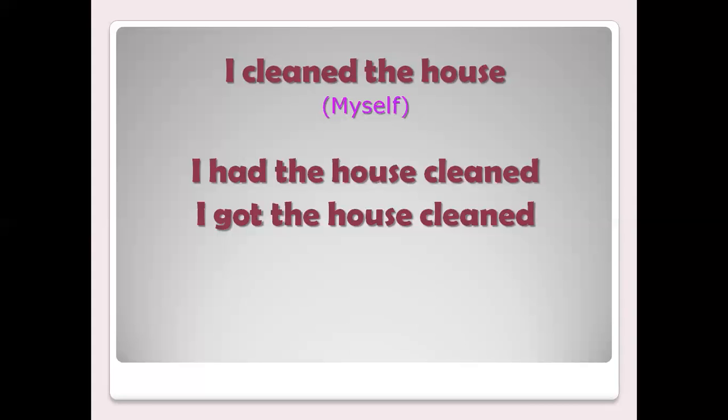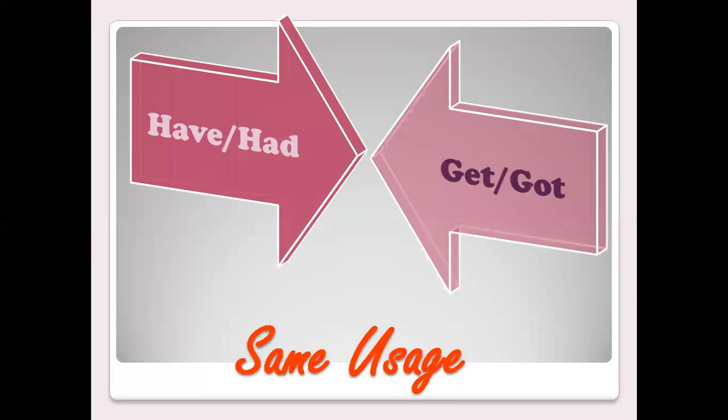That means someone else did it for me. Actually, have and get have the same usage. As you see here, had is the past tense of have, and got is the past tense of get. Both of these causatives have the same usage.